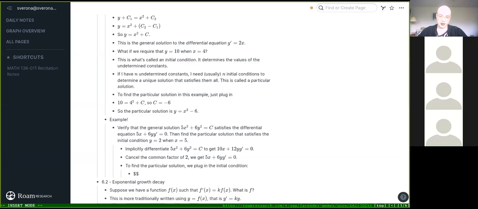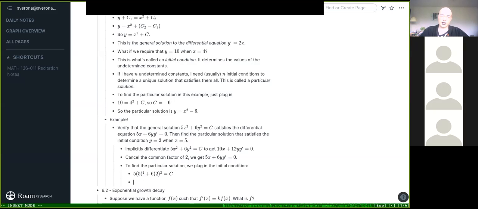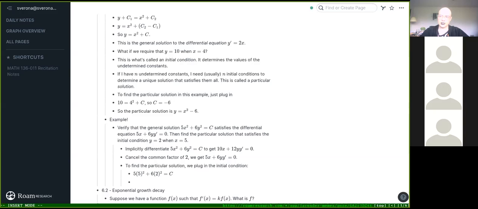And this won't take but a second. 5 times 5 squared plus 6 times 2 squared equals C. So all I have to do is figure out what that is, and that looks like it's going to be 125 plus 24, which is 149. So my particular solution is 5x squared plus 6y squared equals 149.